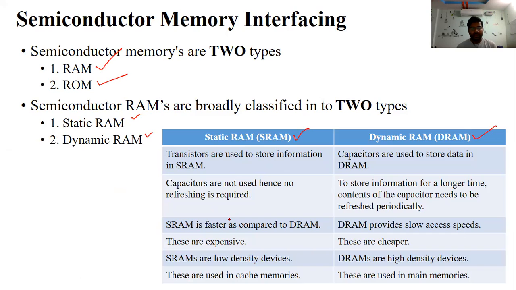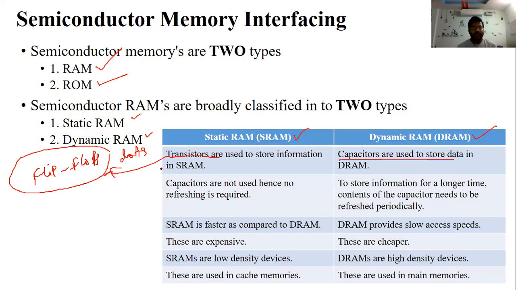Static RAM is like a flip flop; it is nothing but a flip flop to store the data. In dynamic RAM we use capacitors to store the data. Here transistors are nothing but back-to-back flip flops, so we are using flip flops to store the information.